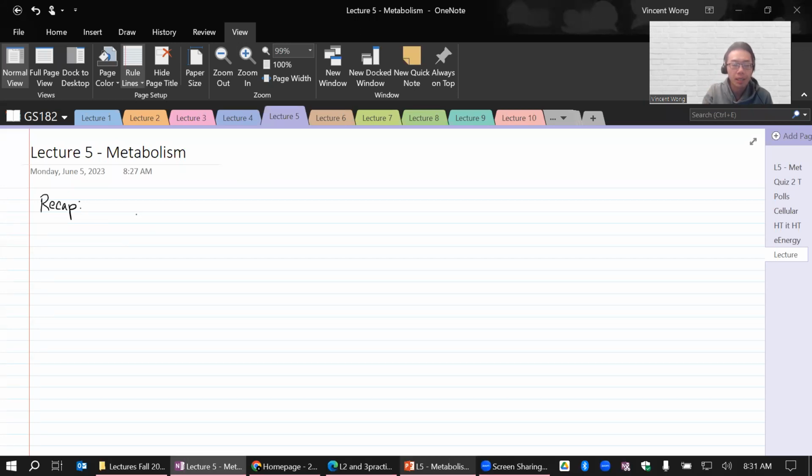So we had a diagram before where we have some food molecules, and these could be things like carbohydrates, right? It could be lipids, proteins, right? And even some nucleic acid, right?